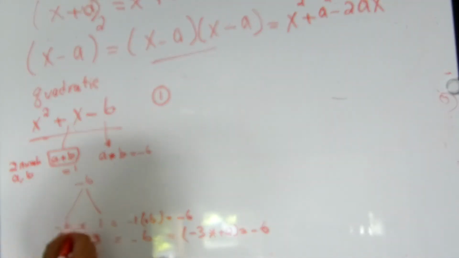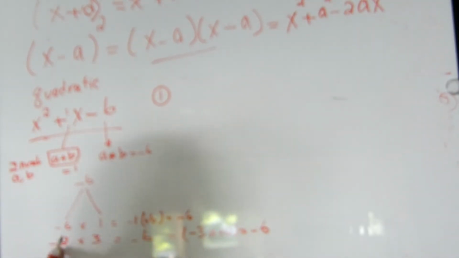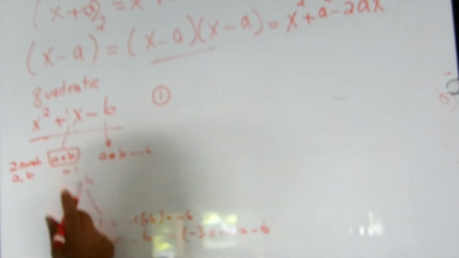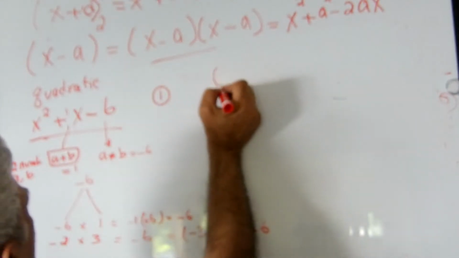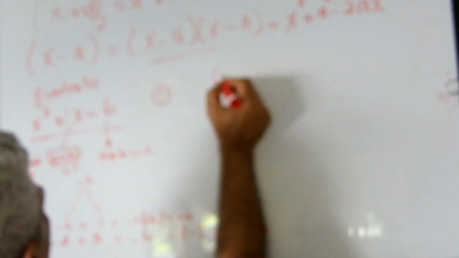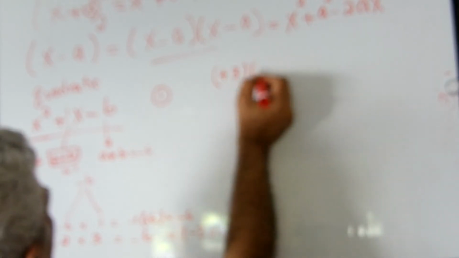So if we add them, it's going to be 1. The sum of those numbers is going to be 1, so the difference between these two numbers is only 1. It might be something like plus 3 and minus 2.